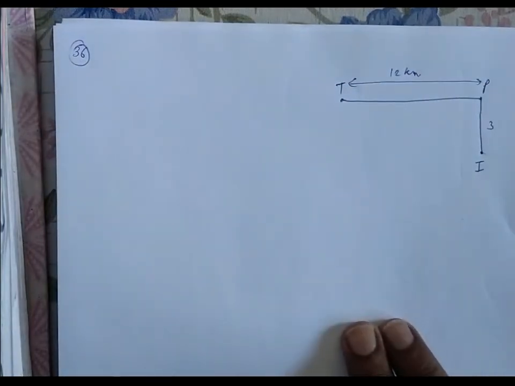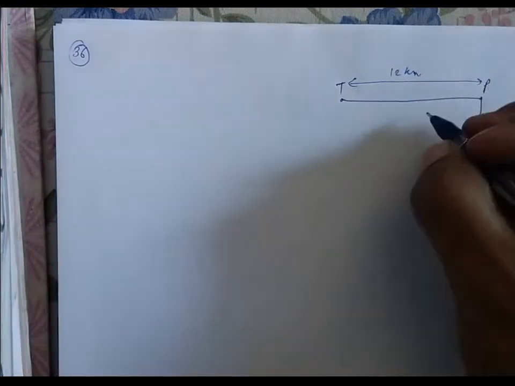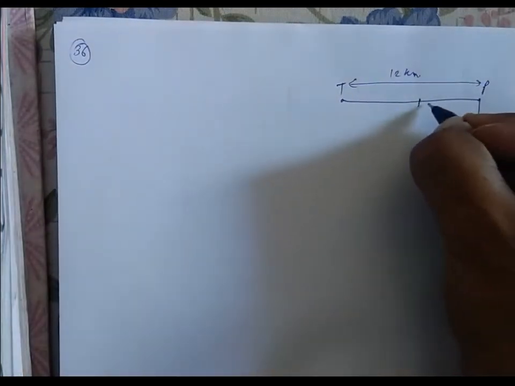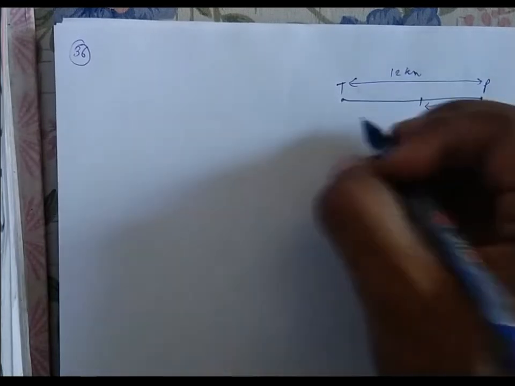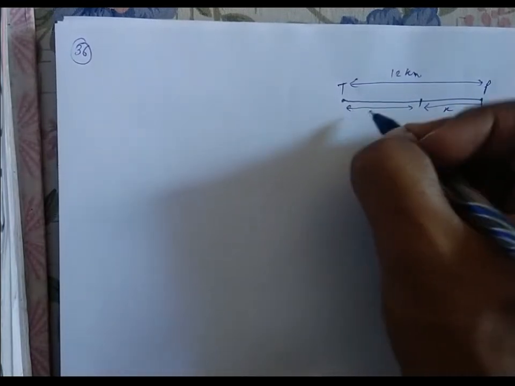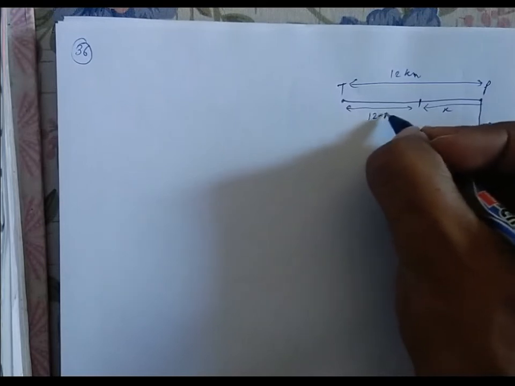If the cable costs rupees 4,000 per kilometer for laying underwater and 2,000 per kilometer for laying on the land, at what point R should the cable leave the water in order to give the minimum cost? So let's suppose it is at an x distance from P. So the land part will be 12 minus x.